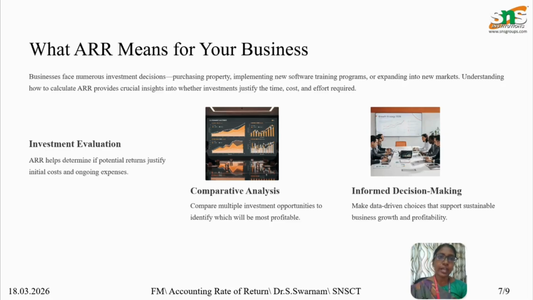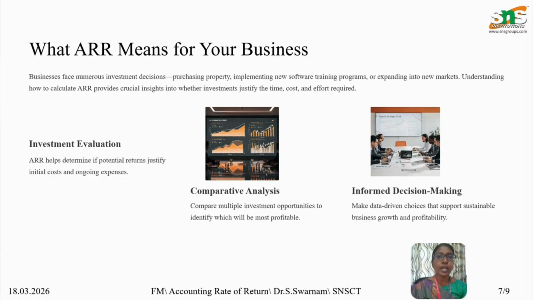Take in case I have an opportunity to invest in 3 projects: project A, project B, project C. Project A has an accounting rate of return of 40%, project B 50%, and project C 60%. Which project will I go for?